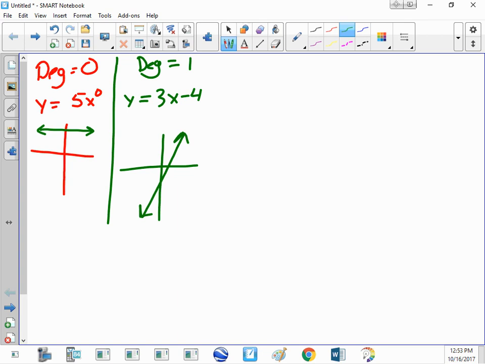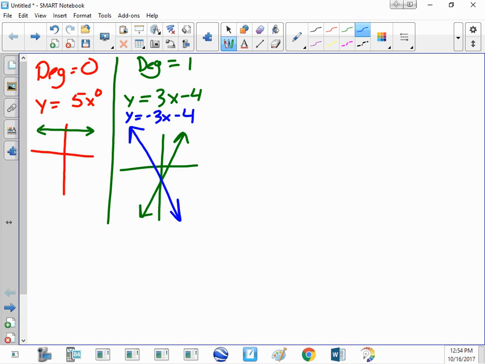But what if I made the 3 negative? What would it look like? So if I had y equals negative 3x minus 4, then it's going to look like this. So if your line has any slant to it, then it is a degree 1 polynomial. It has an x. If your line doesn't have an x in the equation, then it's just a horizontal line at y equals whatever value it hits.